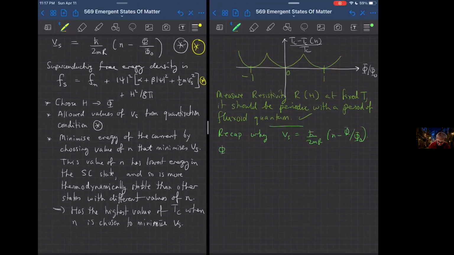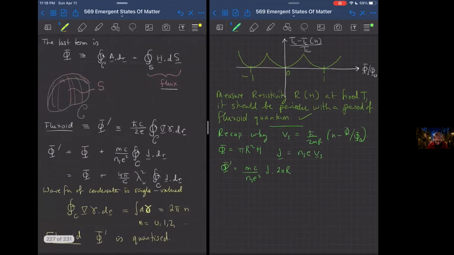So we start off with the flux as just being pi r squared H, and the current J is equal to the number of superconducting electrons, as it were, times their charge, times a supercurrent velocity field. So what we know then is that phi prime, the fluxoid, is equal to mc over ns e squared times J times 2 pi r. That's doing the line integral over here. Okay.